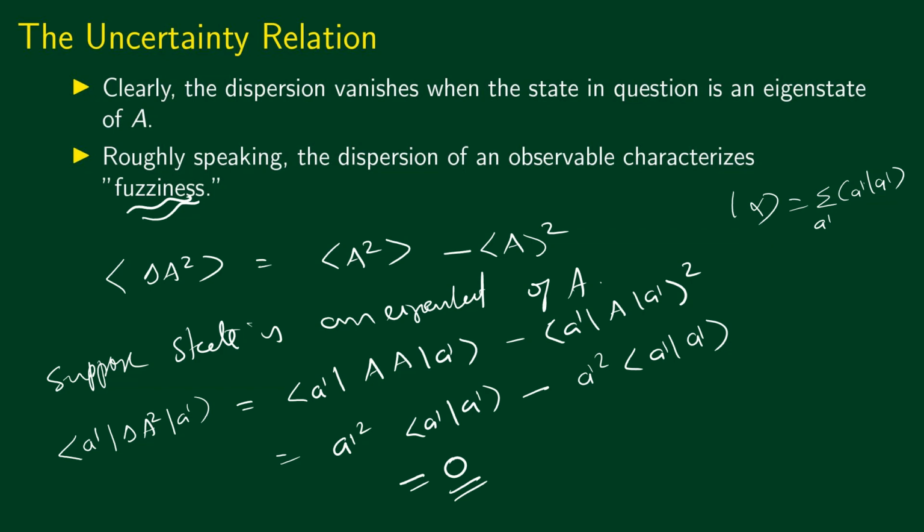We see that the ket alpha here is spread out over the eigenkets of A. This means that there will be some fuzziness, some uncertainty. This is why we say that this characterizes the uncertainty or fuzziness.